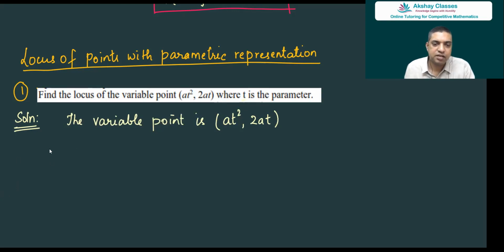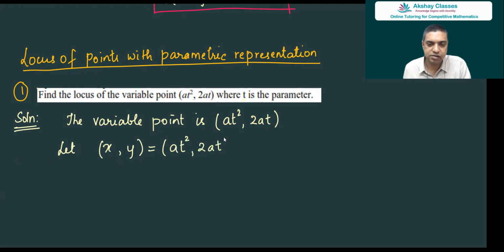Locus means we have to write an equation in terms of x and y. So let x comma y be equal to at square comma 2at. So x is at square and y is 2at.